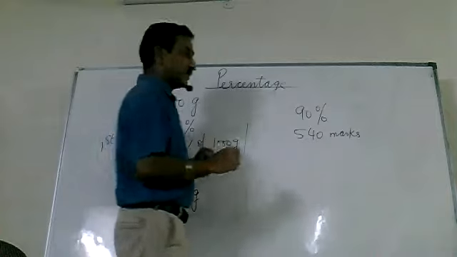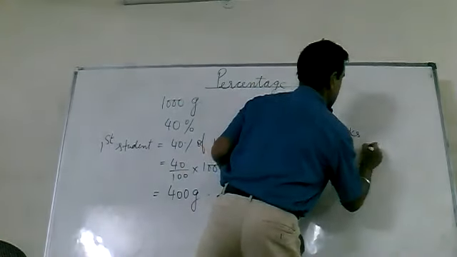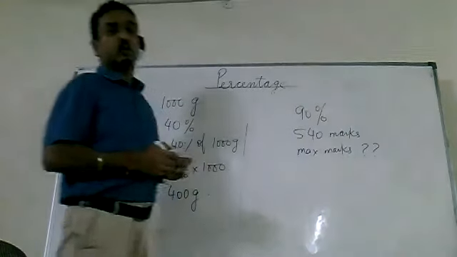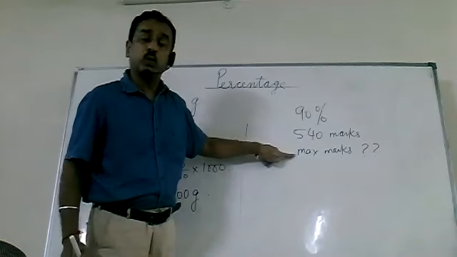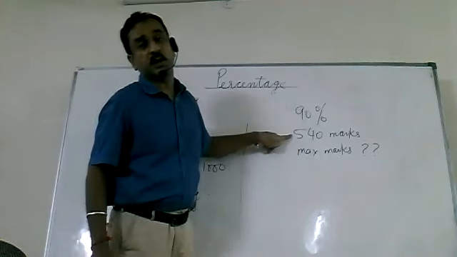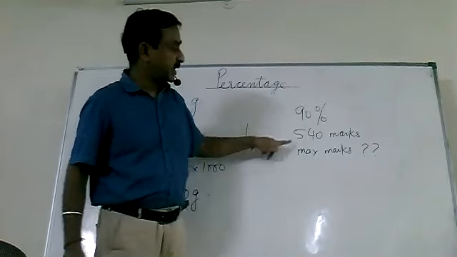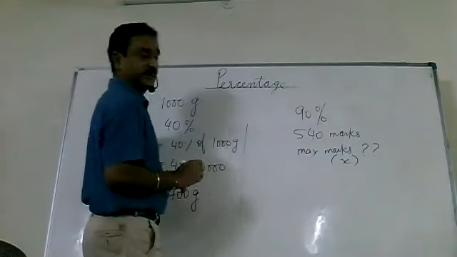But the maximum marks are not known. So how do we calculate these maximum marks? Now we don't know the whole quantity. What is known to us is the part quantity. Alright? So maximum marks, we can call this term X.